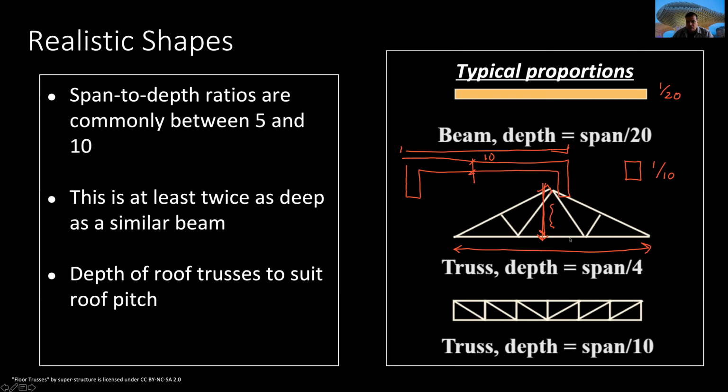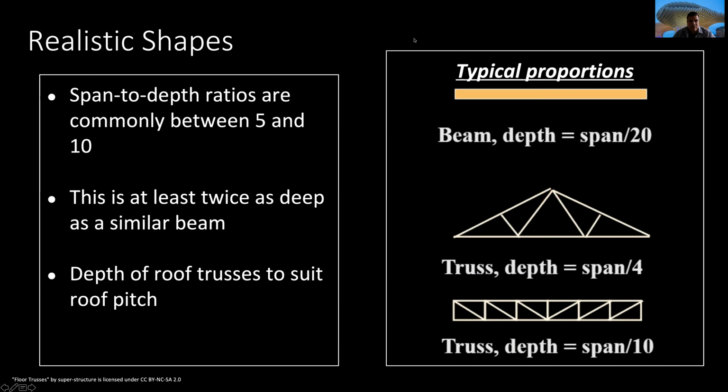Well, in a truss, we can have a span of 10 when you have a deepness of 1, but it's difficult to arrive at the typical proportions of 1 to 20 of some materials, such as wood or steel. Well, I hope this is clear because this is very important for your design classes.